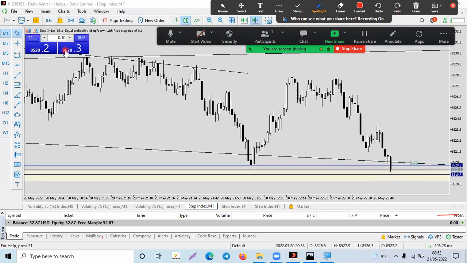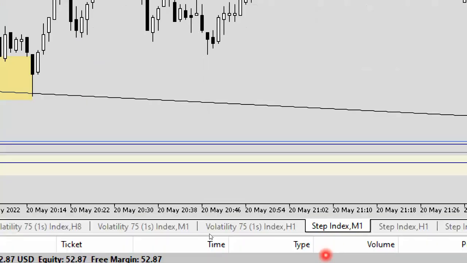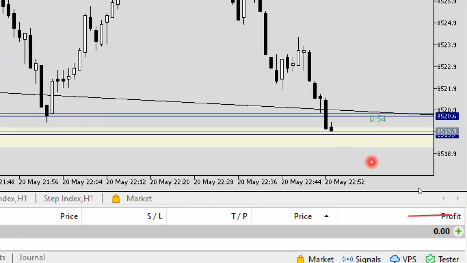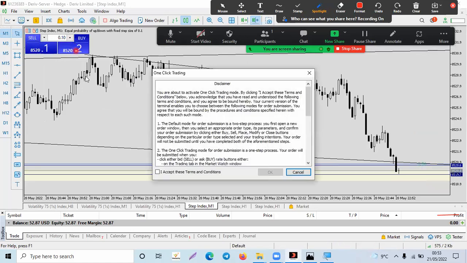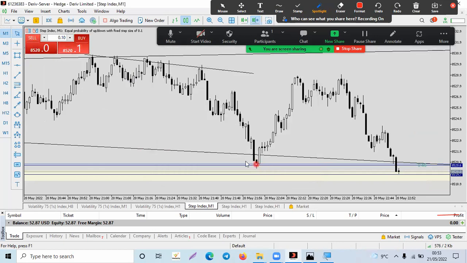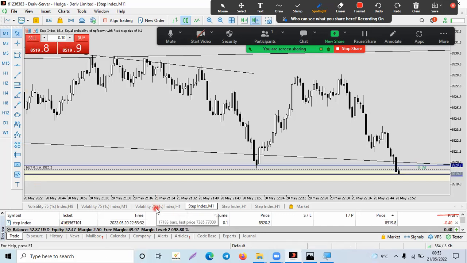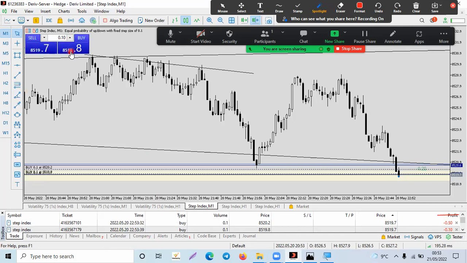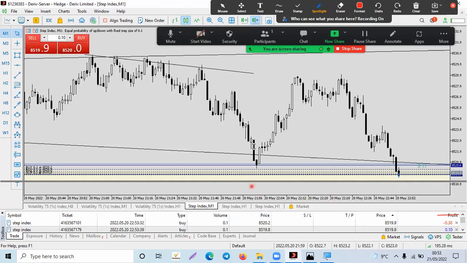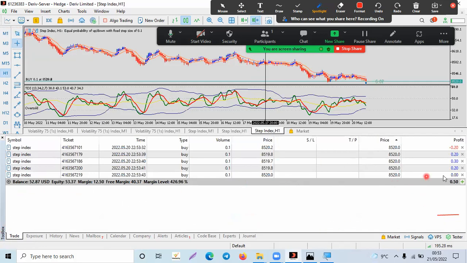Look. That's our trade. So let's monitor it.